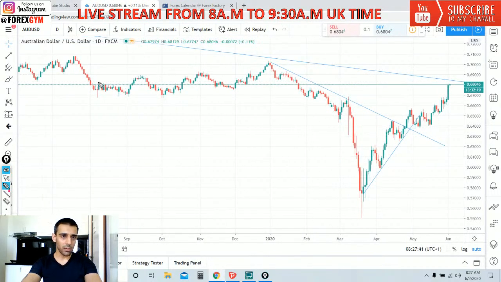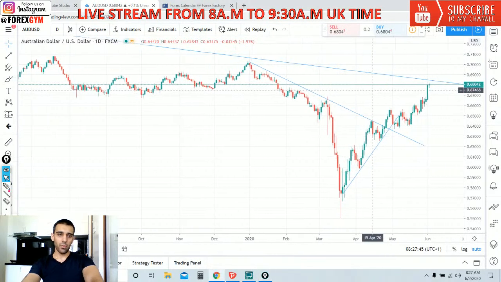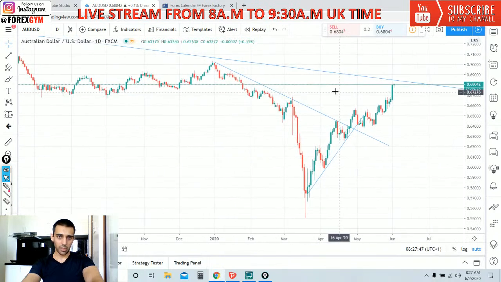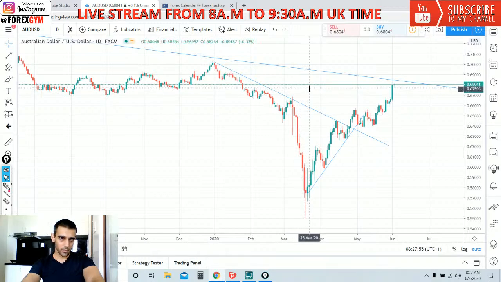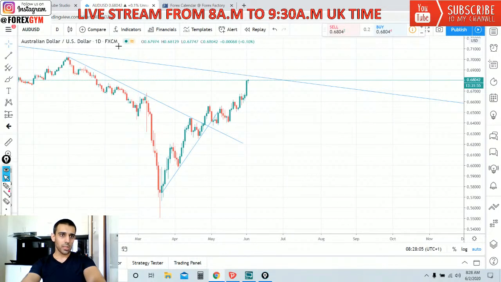Maybe it wants to take out these highs as well before it continues to have a reaction. That said, I do want to see the price retrace down. This is actually more like a semi-swing.